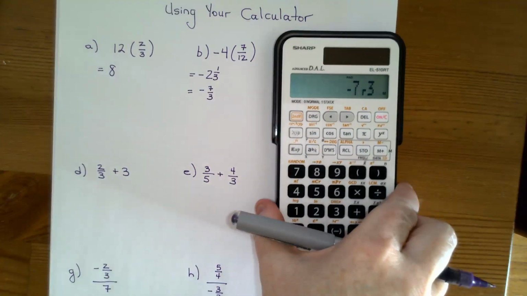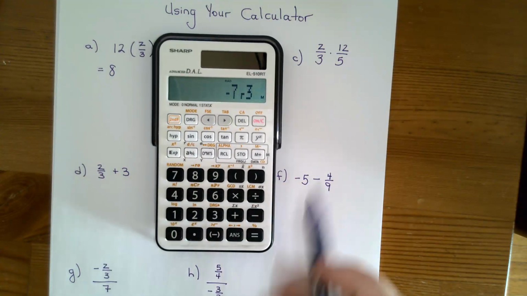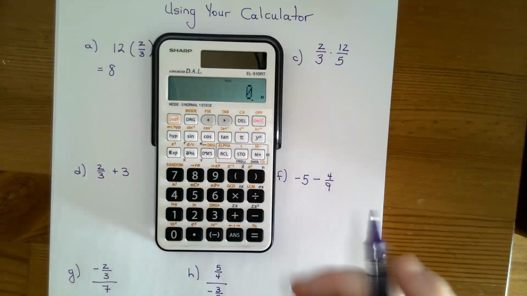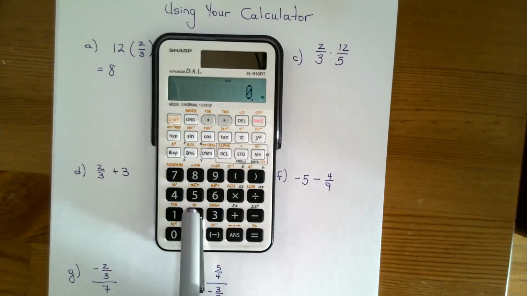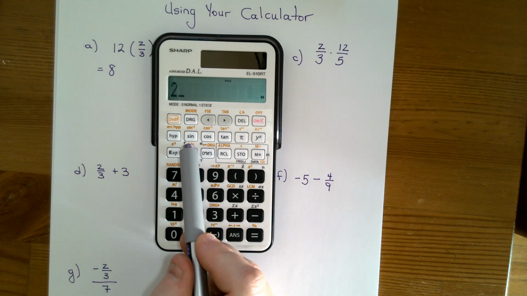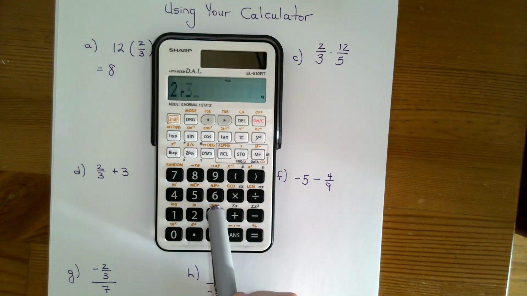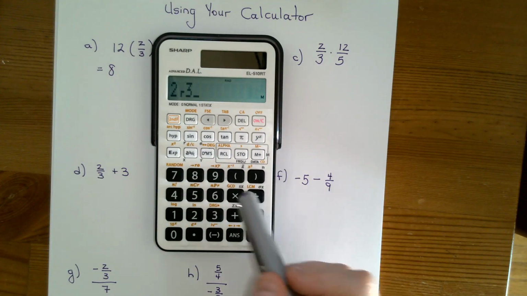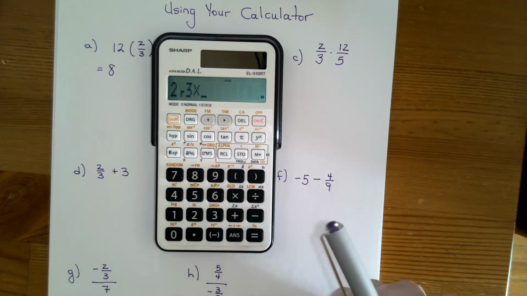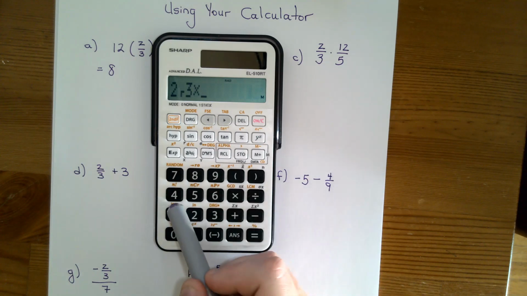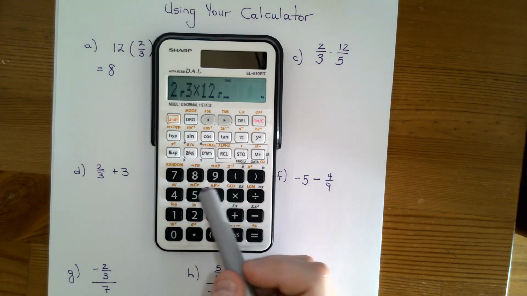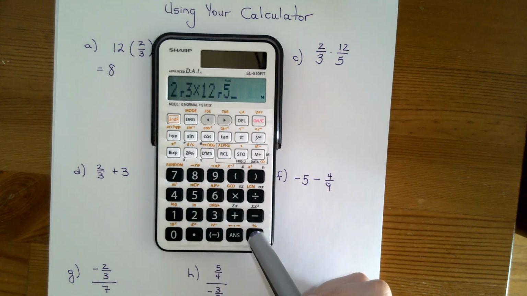All right, let's take a look at C. Hopefully this is starting to become a little easier. So again, we do 2, we press the fraction button and 3. So there we have 2/3. And then we're going to multiply that by 12/5. So 12, ABC 5. And then we're going to hit equals.